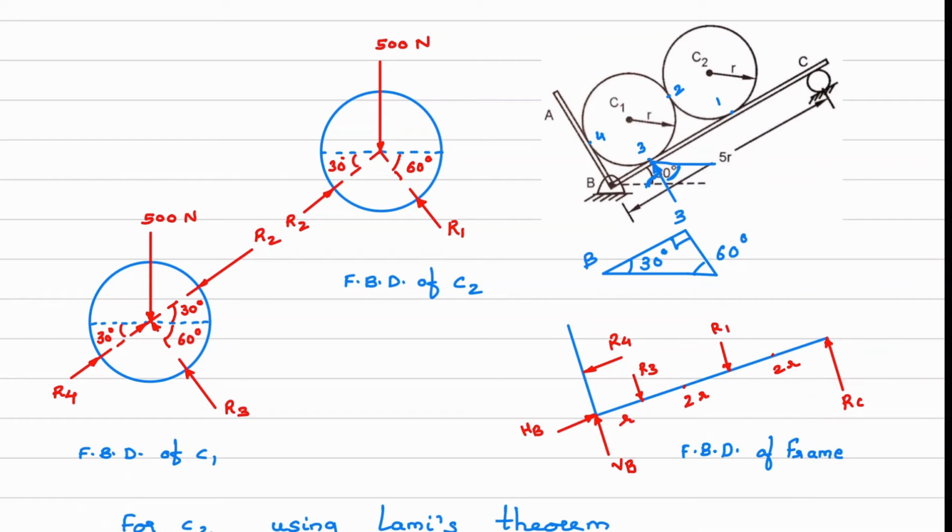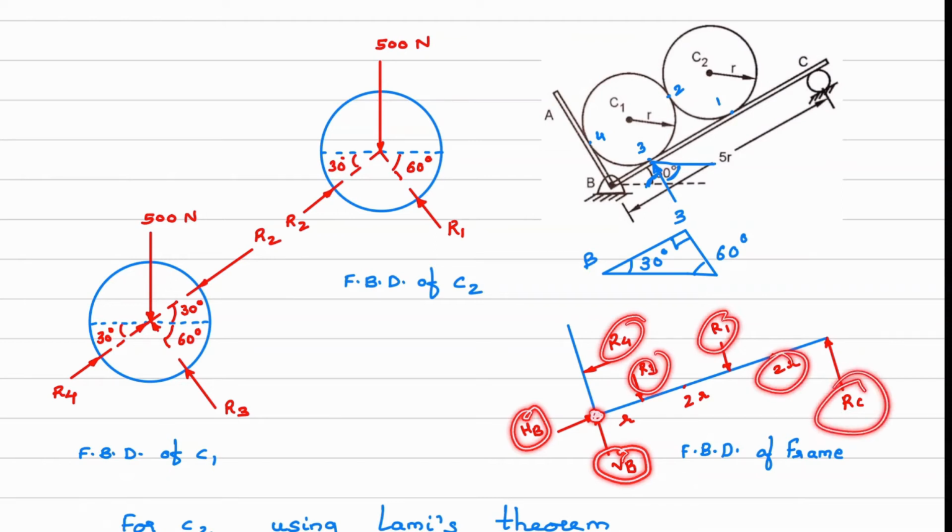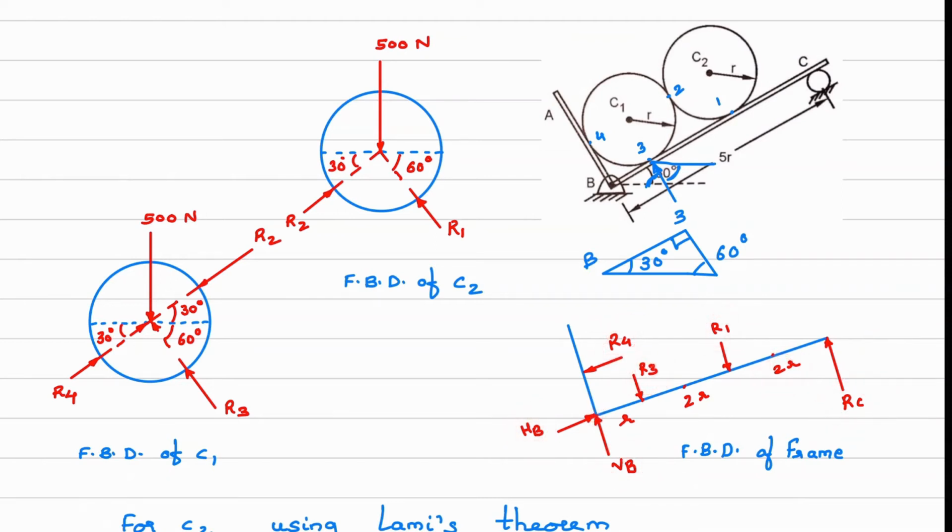Now at which location maximum unknown is there we can take moment. So if you take moment about point B, moment of HB will be 0, moment of VB will be 0. And if you take the moment of remaining forces, here you can see only unknown is what? RC. So RC we can calculate.